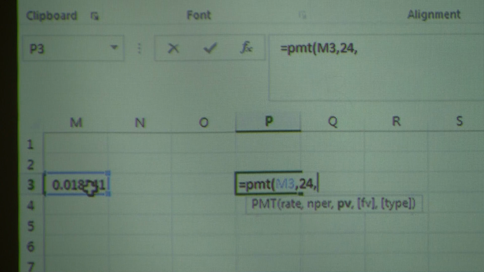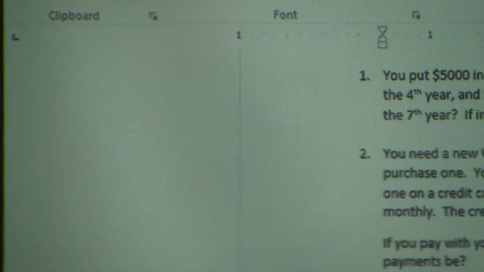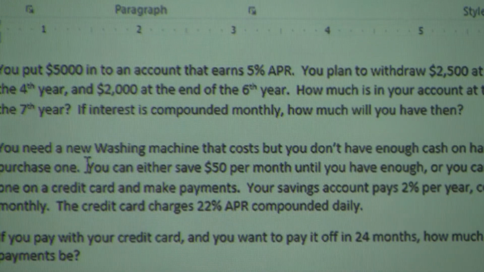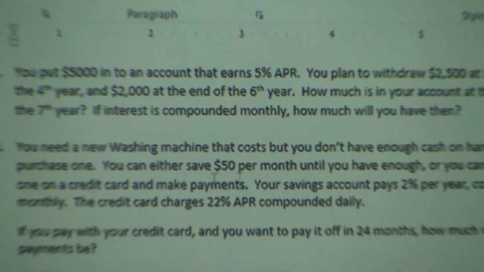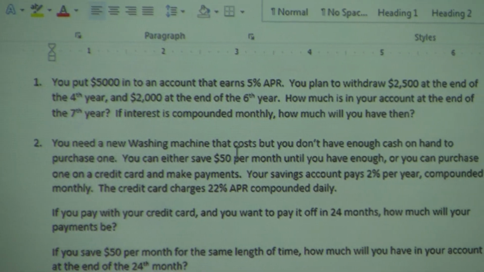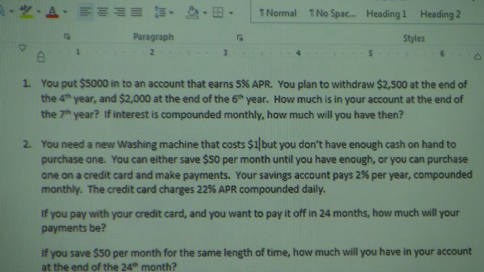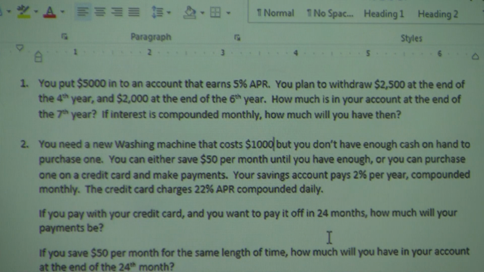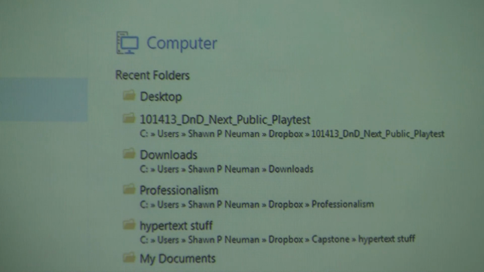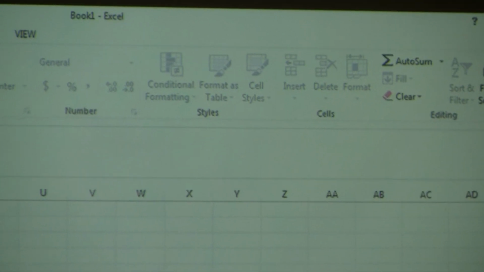So what did I put that down as? Anyone have that? Well, that costs, and it looks like I didn't finish. There we go. My bad. So it costs $1,000.